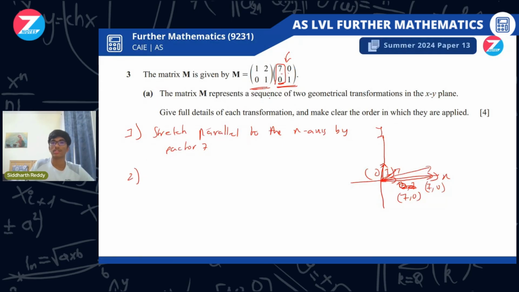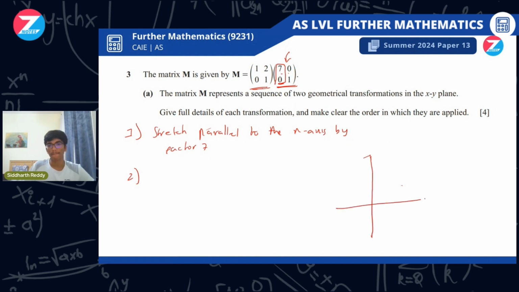And then the second one is 1, 2, 0, 1. Now the i hat vector stays the same at 1, 0, where it already was. This second column, 2, 1, represents where the j hat vector will go. Before it was here, now it's here, at the place 2, 1.